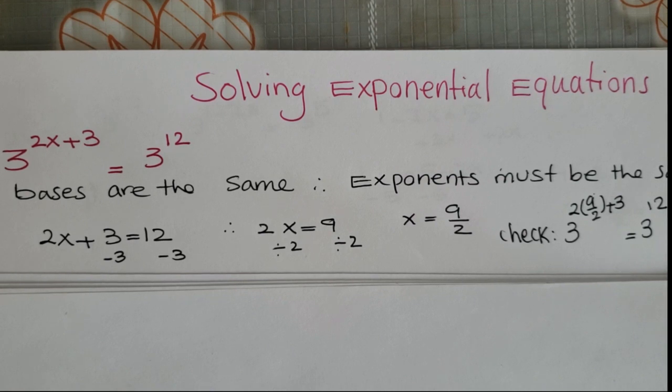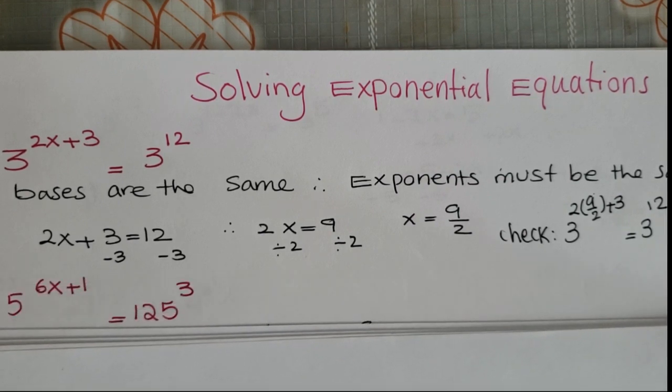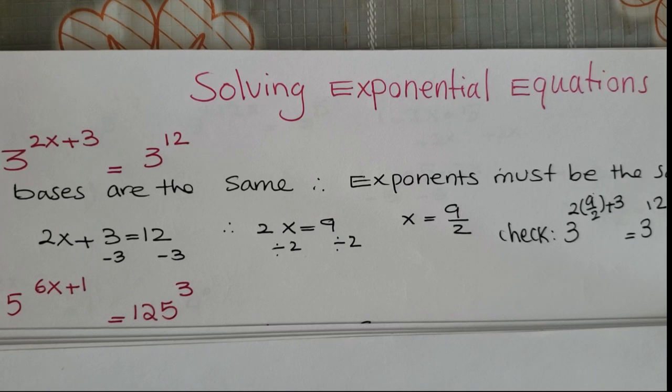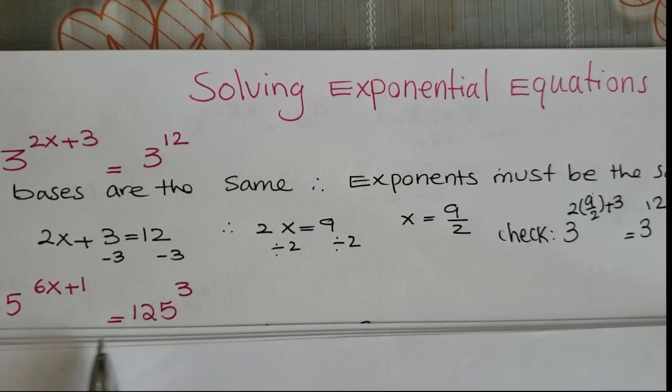Let's do another example. Here I have 5, and the exponent is 6x plus 1. On the other side of the equal sign, I have 125 and the exponent is 3. In this example, the two bases are not the same. The exponents are not the same either.